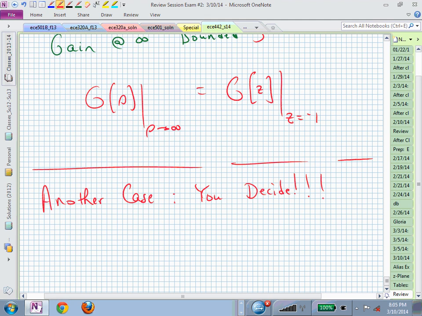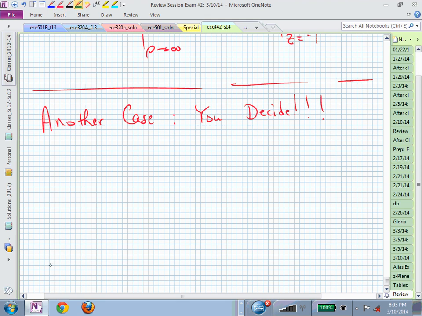What could happen? Well, if you had a bandpass filter, that's another case. Zero at DC, zero at infinity. Well, find a sweet spot.